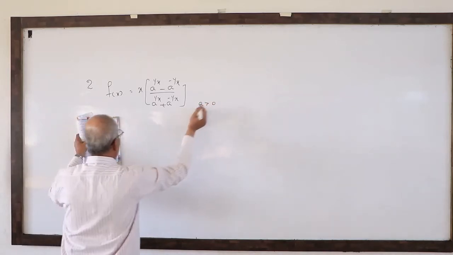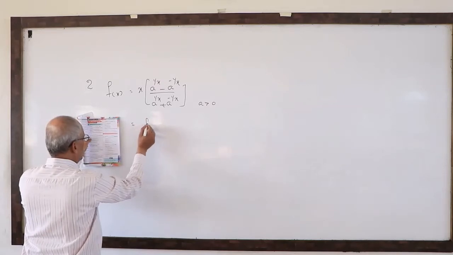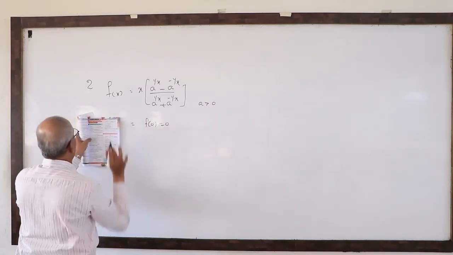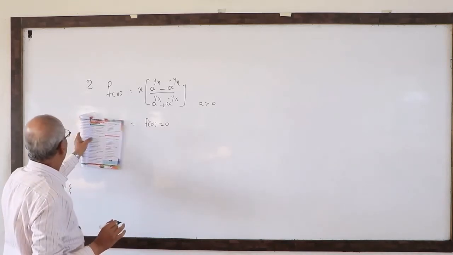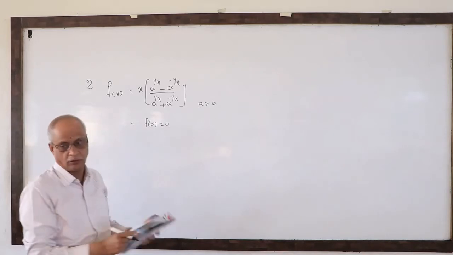We did half the solution already. f of 0 means x equal to 0, it is 0, that is given. Options: differentiable, not differentiable, continuous.